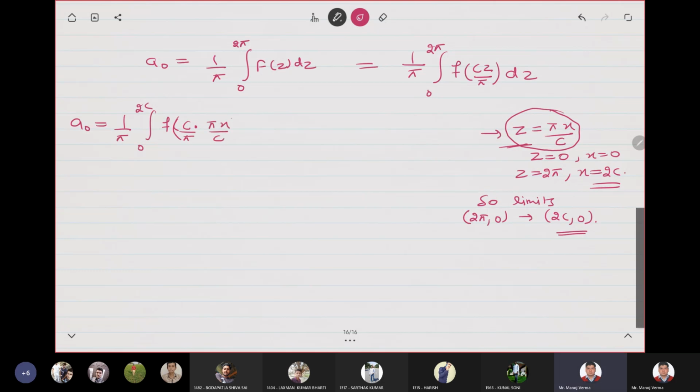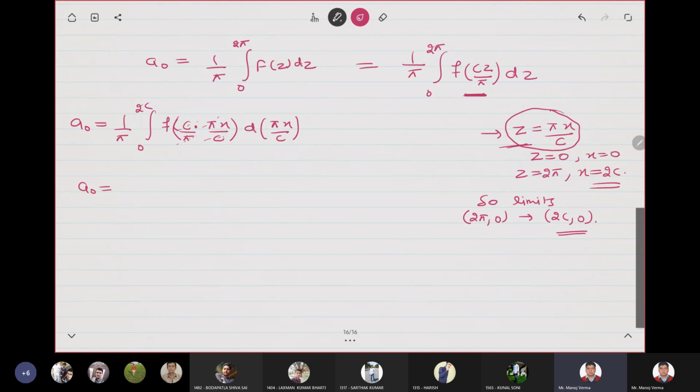I am converting this variable from z to x. I am trying to convert this variable cz by pi into x components, and this dz will directly become pi x by c, right? So this pi will cancel, c cancels, and this will become only c, function of x.